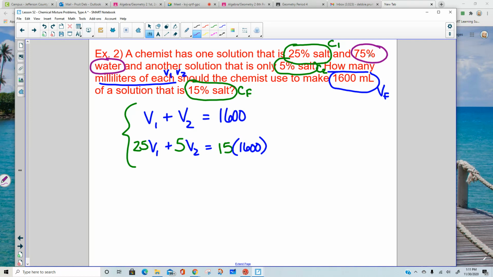So the deal is, anytime you have a concentration, so look at all your C's, this must be the same, it has to be the same ingredient, or the same element.